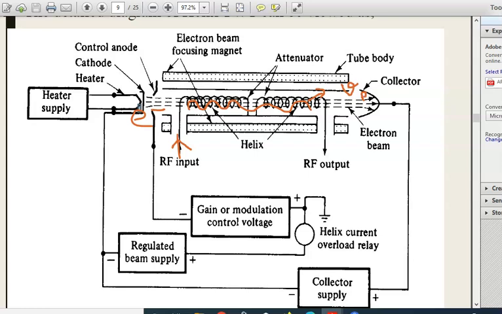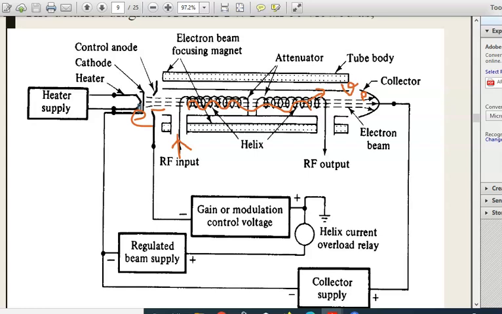Now the electrons are passing through the slow wave structure. In the slow wave structure, the RF input signal is traveling, and the electrons are also traveling. During their travel, as we have seen earlier, we have the reference electron, the late electron and the early electron.